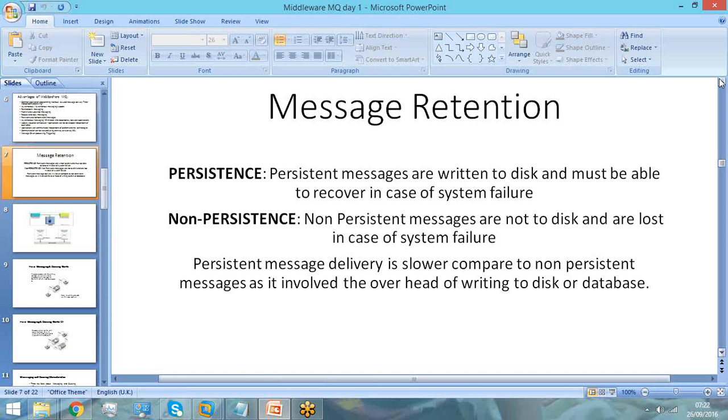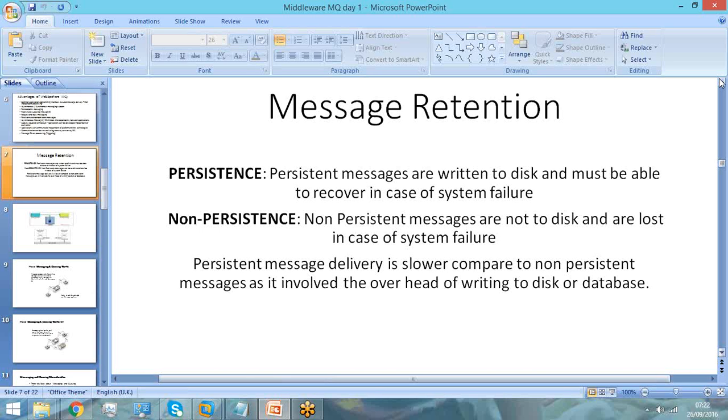That kind of message, which should not be lost at any point of time, is categorized as a persistent message. Now we will see how you make persistent messages to be stored. Suppose an application says it's very important to it, then we say that is a persistent message.